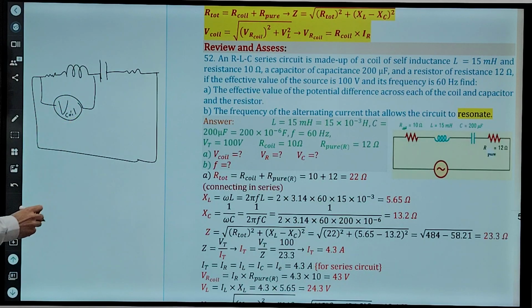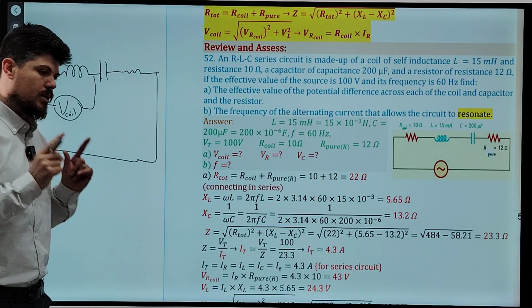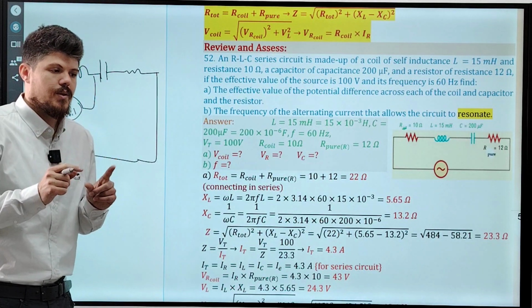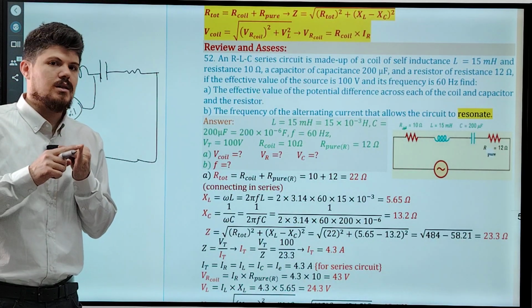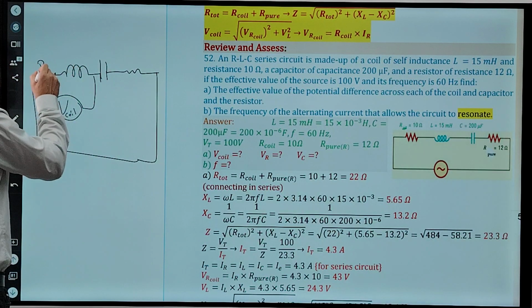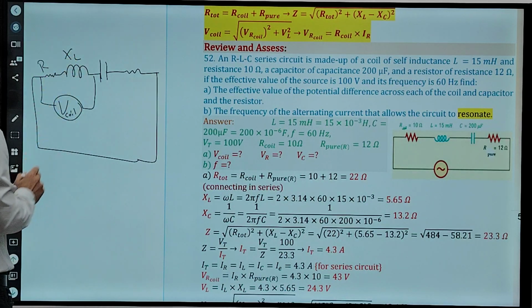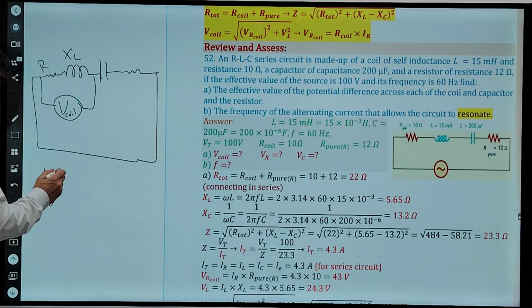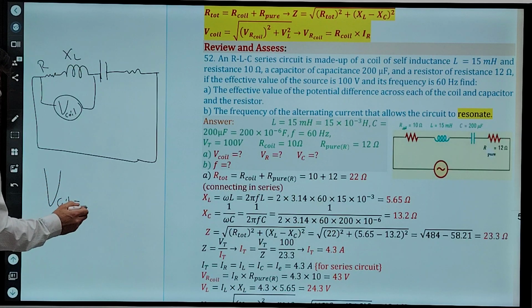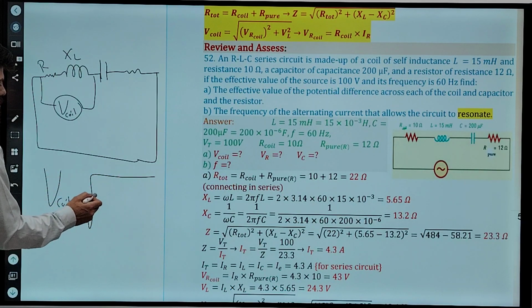V coil. In this coil, do we have resistance? Yes. Do we have inductance? Yes. It means that we have both resistance and XL, inductive impedance. How can you find V coil? V coil, by using the Pythagorean theorem, is equal to what?